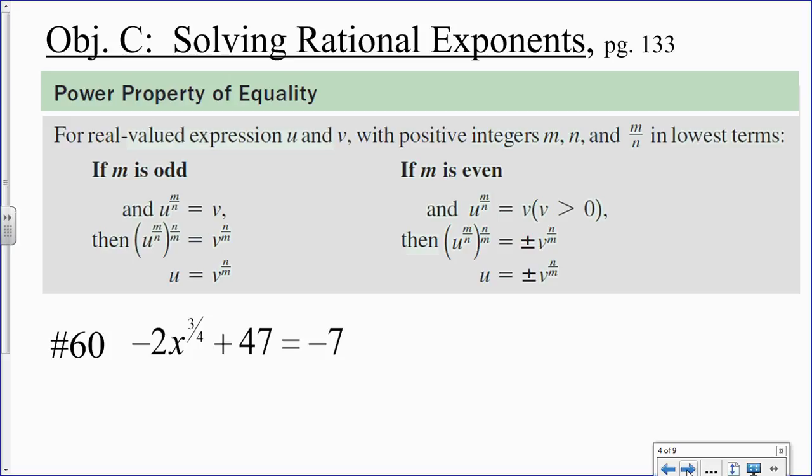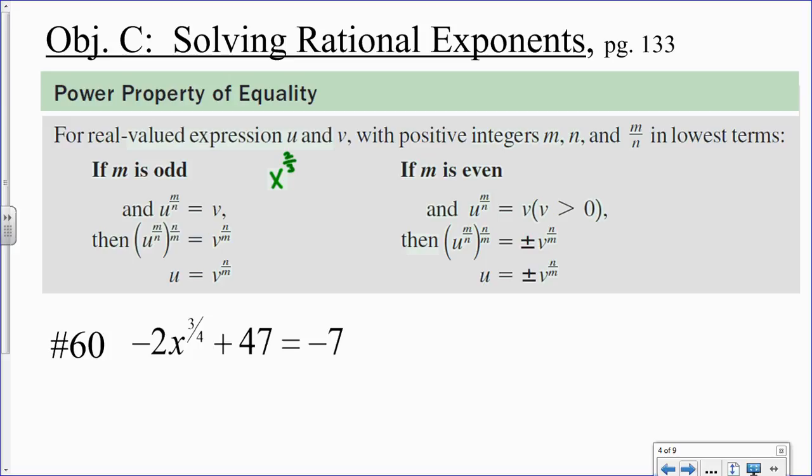Okay, so they're saying if you are solving and you have this rational exponent, that's m over n. So let's say you have x to the 2/3. Okay.